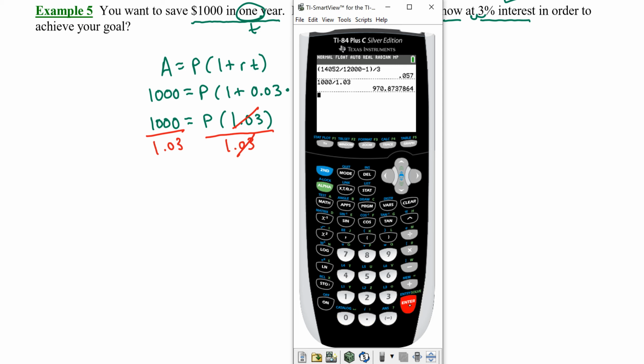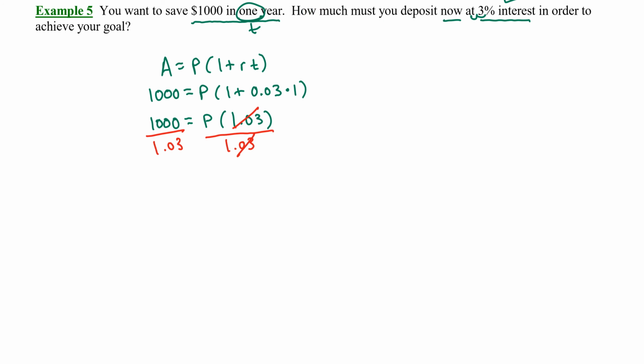Our present value is therefore, let's round it to 2 decimal places to the nearest penny, $970.87. So if you deposit $970.87 at the beginning of the year, by the end of the year you would have achieved your goal to have $1,000 in the account.